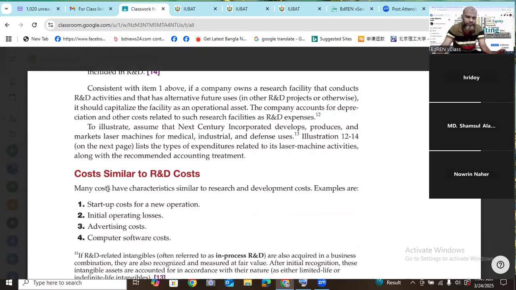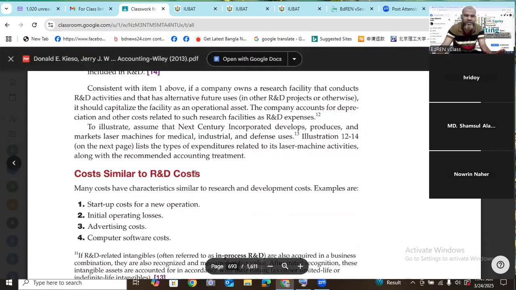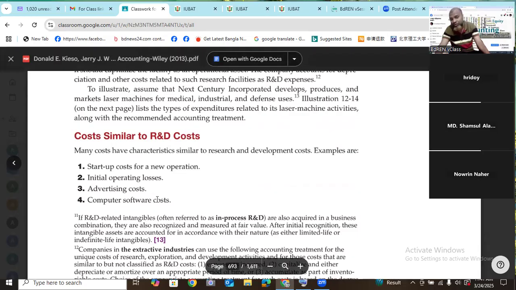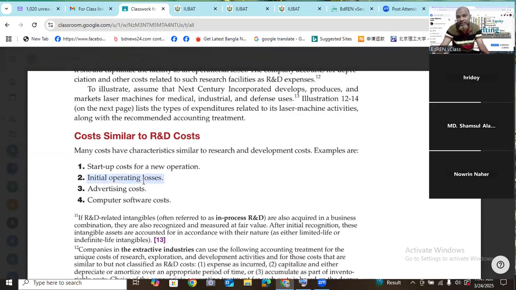Now, costs similar to research and development costs: startup costs for new operations, initial operating losses, advertising costs, and computer software costs. In the case of research and development activities, initially there is no output, so you have to spend more, and there are operating losses also.